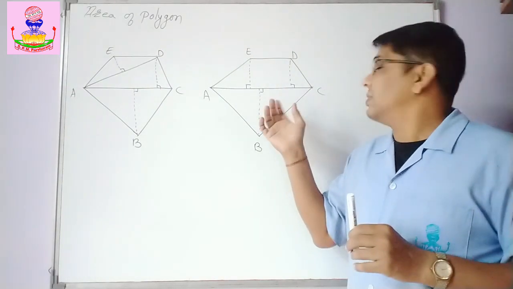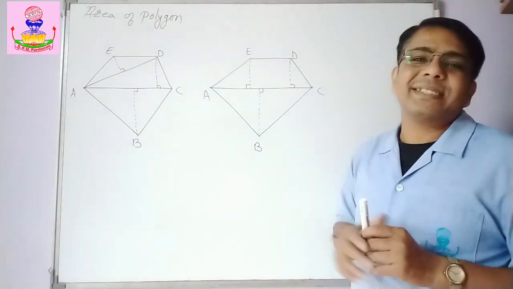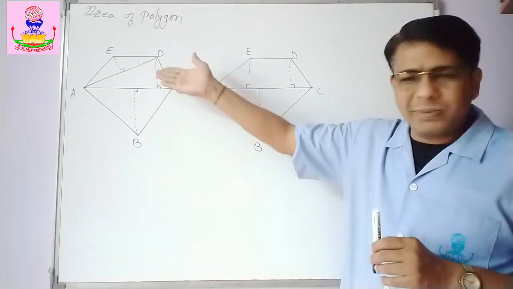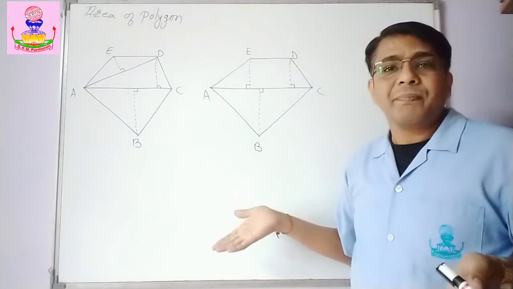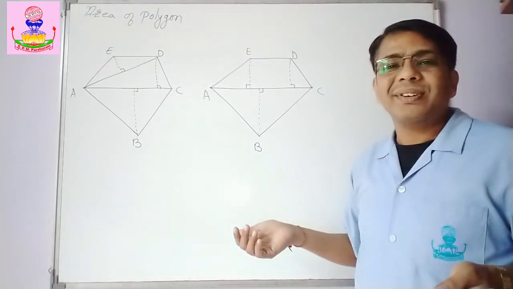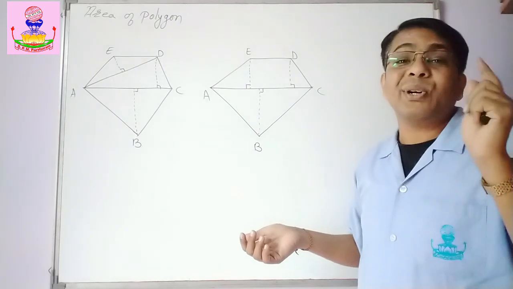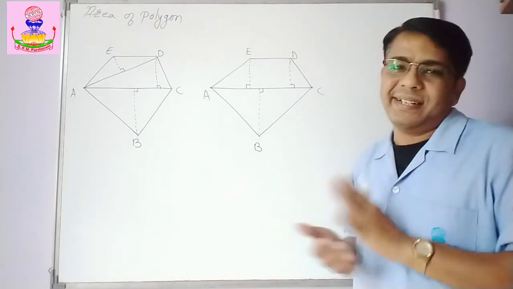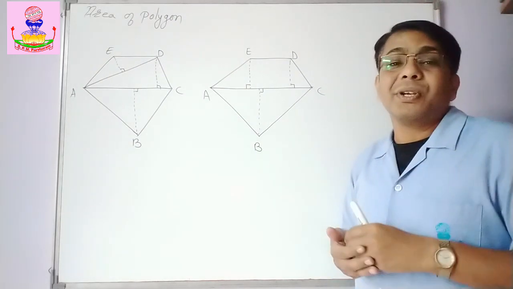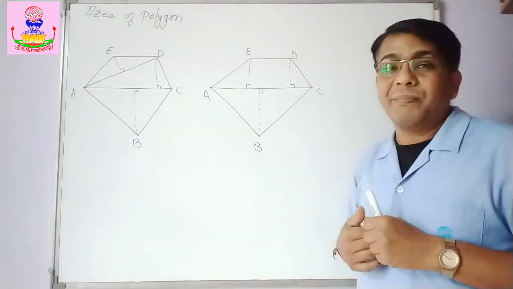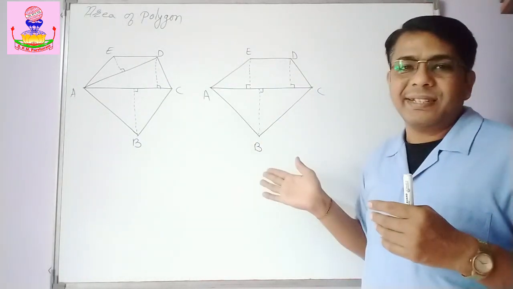So that is the basic idea. I have got a triangle and I have got a trapezium, or you can form the triangles as well. It doesn't matter. How you use the technique depends on your understanding and your simplicity. Which method you feel is easy.